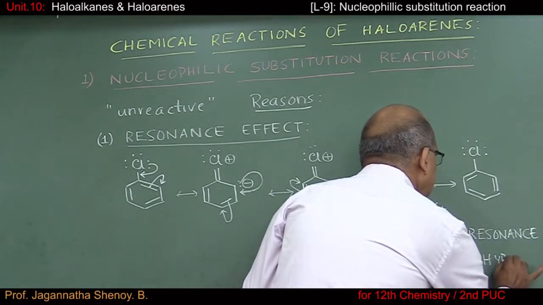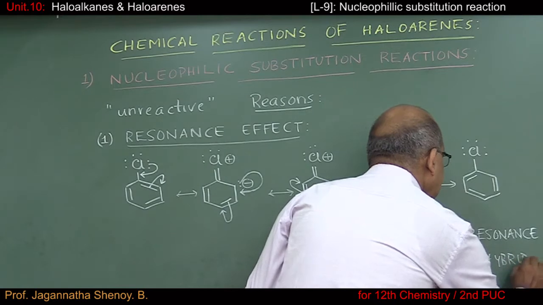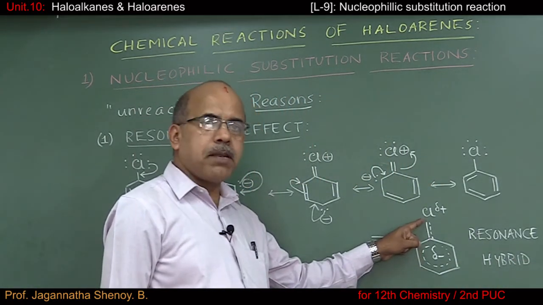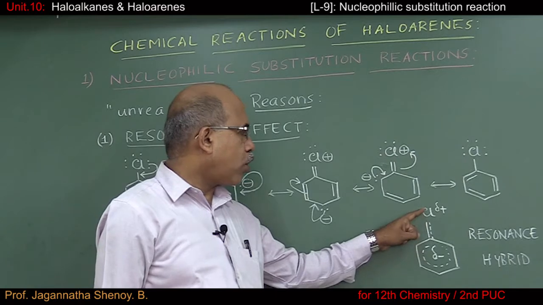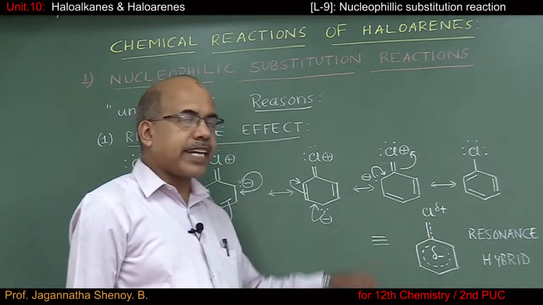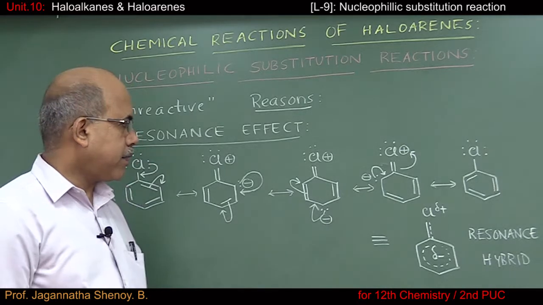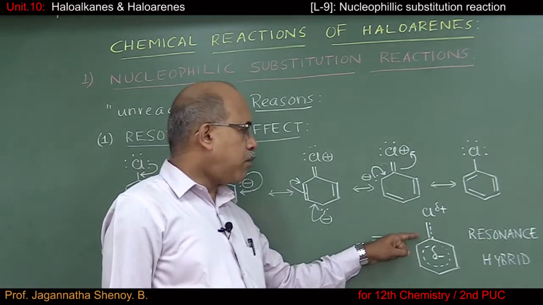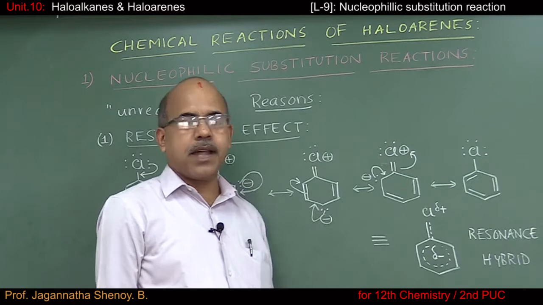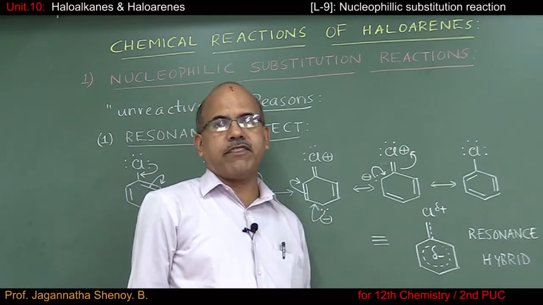So when you observe the resonance hybrid, you can make out the partial double bond character of the chlorine carbon bond which is connected to the benzene ring. You know, whenever the bond order increases, bond strength increases, and breaking the bond becomes more difficult.